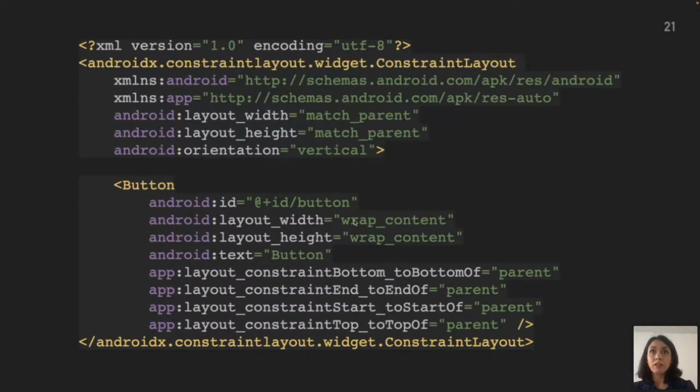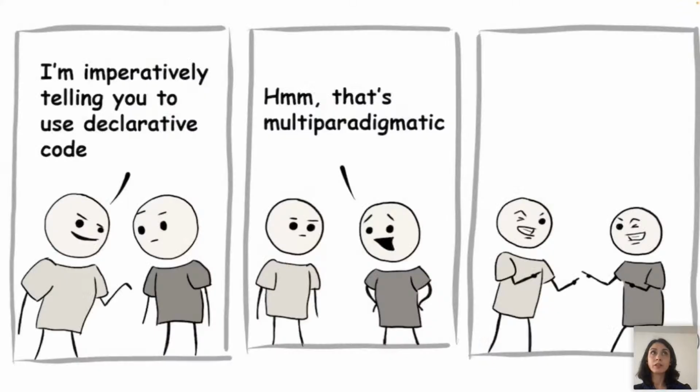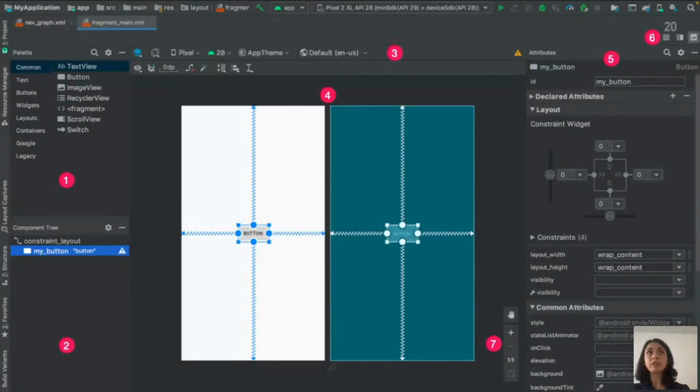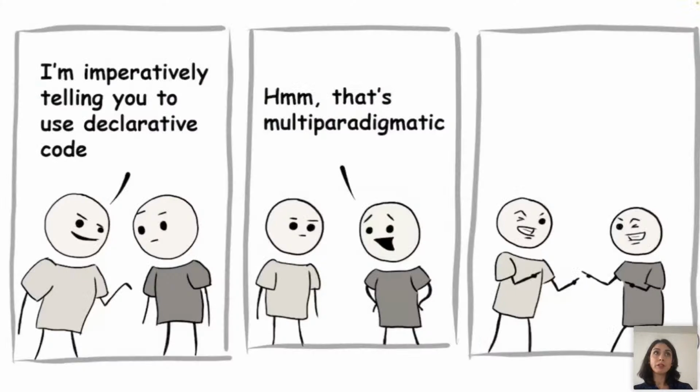And it's wrap content or match parent. Here, match parent means fill all the width and all the height. And here it's only wrapping its own content. So this means imperative UI.